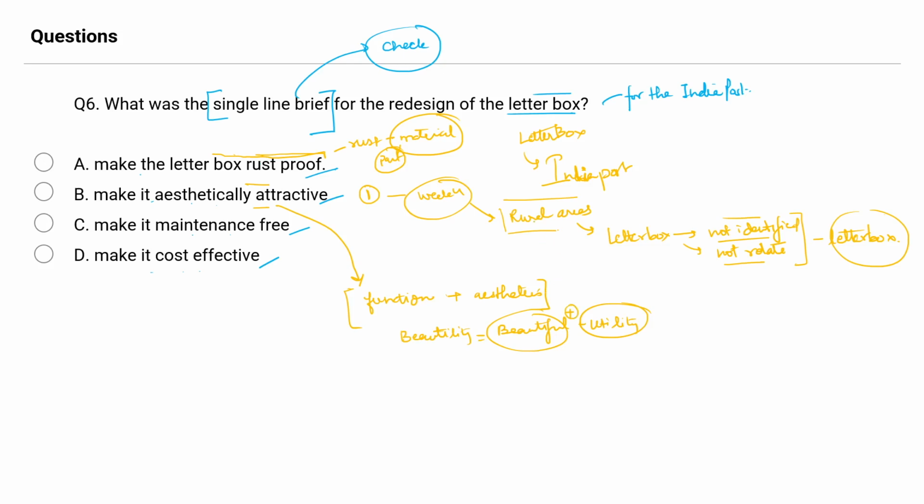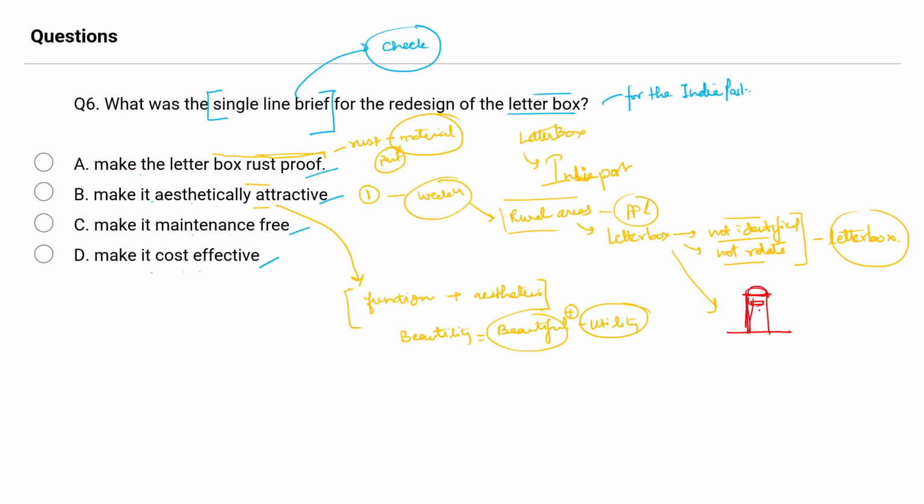Now, sir, what you are referring to was that the letterbox, in the rural areas, people were not able to relate it. The reason given in the week 4 content, I'm just trying to cite here so that everybody is clear on that: people had seen the letterbox in a consistent appearance, which you also mentioned was a red box. That is how they have seen a letterbox.